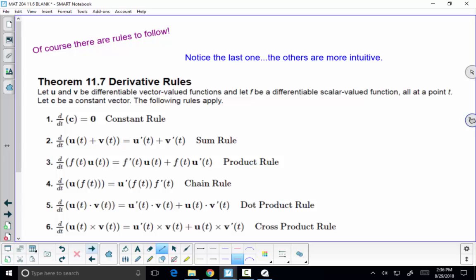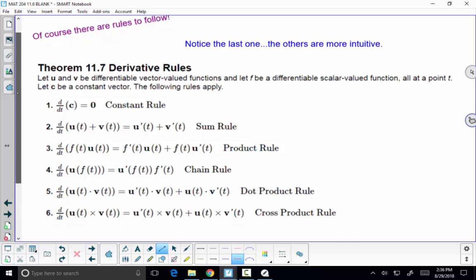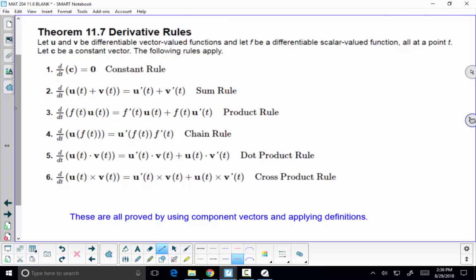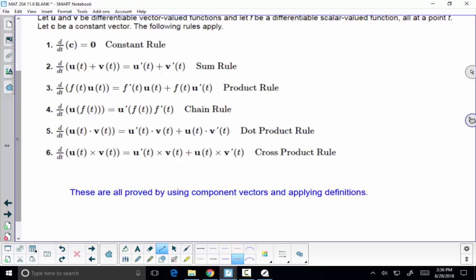Yes, there's a million rules. Do not write these down. They're the same old rules that you had in Calc 1. The derivative of a constant will be 0, but in this case it's the 0 vector. If you differentiate a constant vector, you get the 0 vector. The derivative of a sum is the sum of derivatives. The derivative of a product, where you have a function times a vector, you're going to use the product rule.